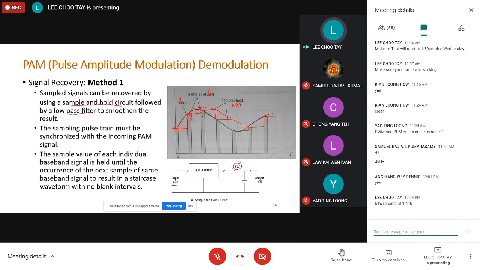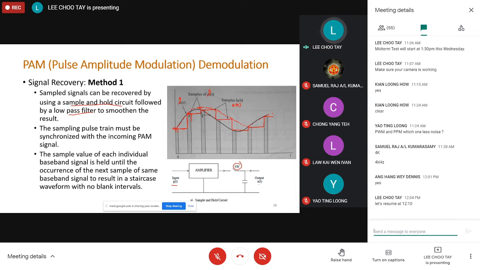This is our original waveform at the transmitter. These are the pulses that represent this signal, but the one that we recover is actually this one over here. So in this case, you are not actually able to recover it exactly as it is.